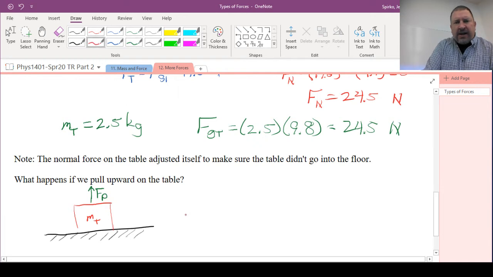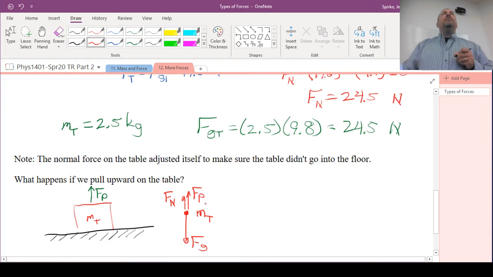So when I do my force diagram, I should have M total. I should have force of gravity, and I should have force normal and force pulling.